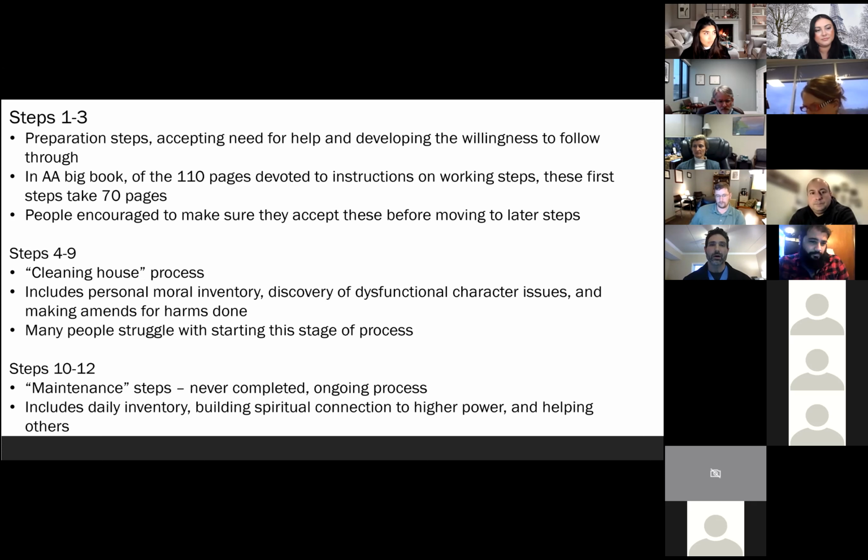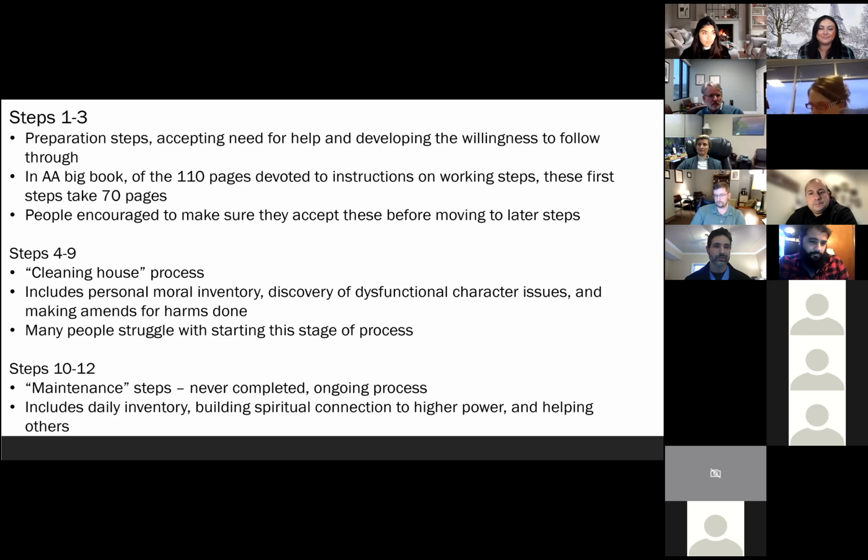So they really wanted people to take their time, to be thoughtful about this process, and to encourage people to make sure they're absolutely ready before they move on to some of the latter steps. I'm going to mention 12-step facilitation a little bit later. 12-step facilitation is our way to get people moving towards these first couple steps in recovery.